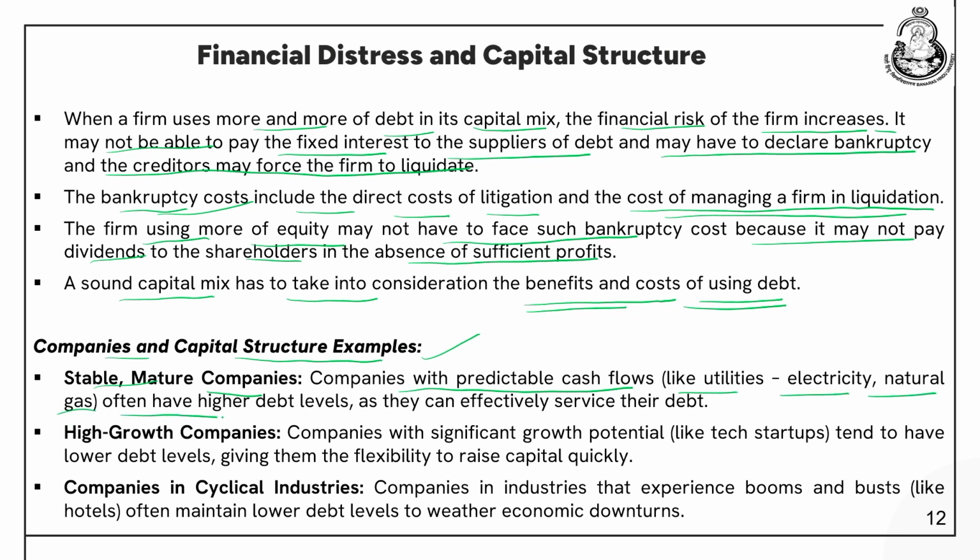They can take more debt levels and can service their debt because the demand for their products is regular, the services that they are providing are regular, and there are not many fluctuations in demand and the earnings of the company. So, even in the lean years, if the market is not going through a good phase, they can actually service their debt. So, they can maintain higher levels of debt, right.